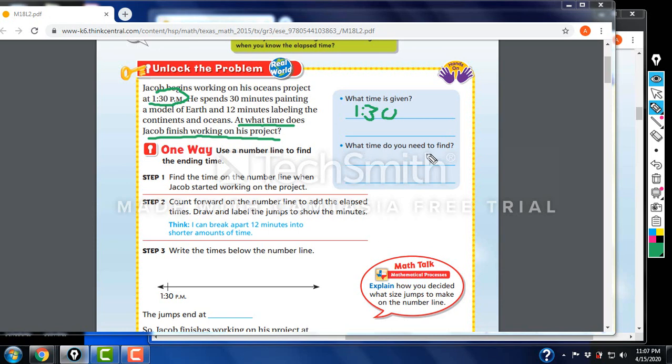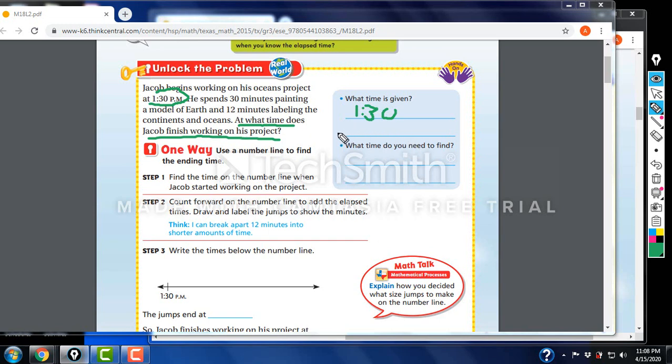Okay. What time do you need to find? Well, the time it took Jacob to finish working on his project. So that goes here. So we're going to use the number line real quick, and it walks you through it. Find the time on the number line when Jacob started working on the project. Okay. So we look at 1:30.